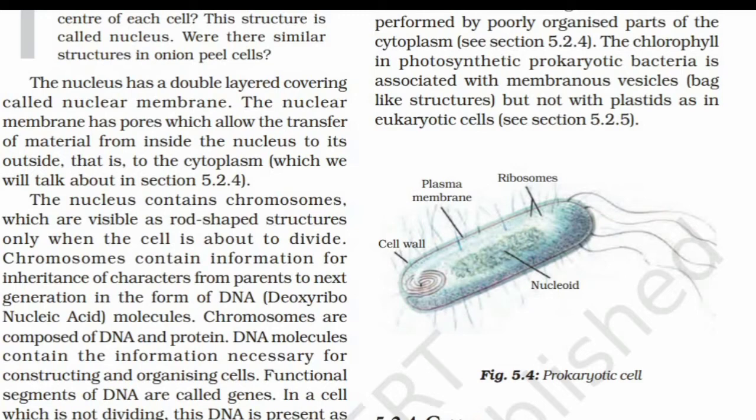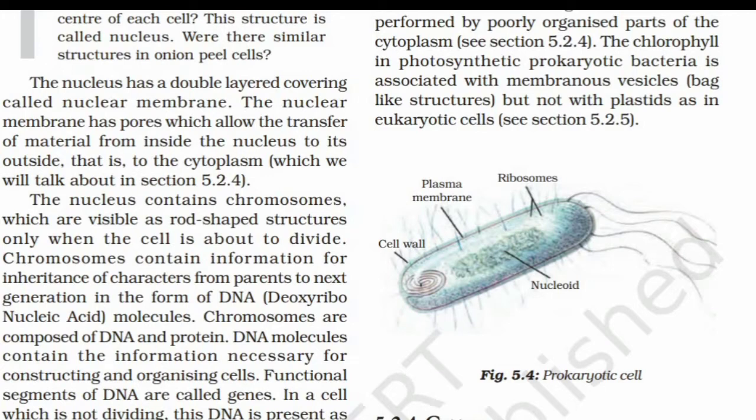Where are the chromosomes? Chromosomes are in the nucleus. What is the shape of the chromosomes? They are rod-shaped structures. When do we see the chromosomes? They are visible when the cell is about to divide. What do chromosomes contain? They contain information for inheritance of characters from parents to next generation.